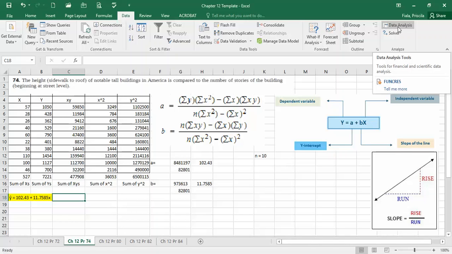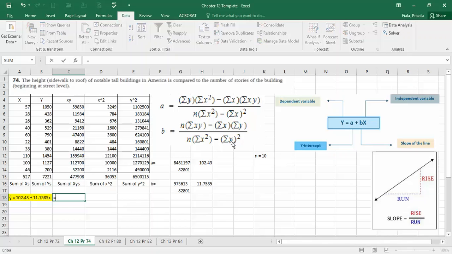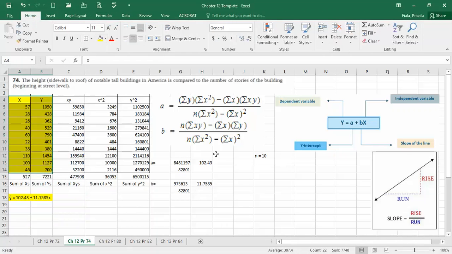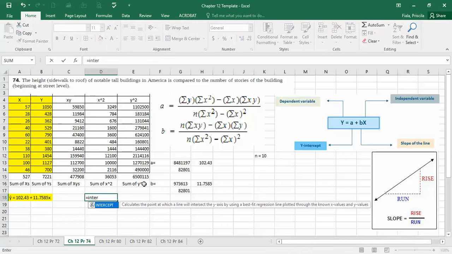Let's say that you didn't have the data analysis and you want to find the y-intercept for these values right here. Okay, so the way we're gonna do it, you just type equals INTERCEPT, and it automatically asks you which ones are the y's.